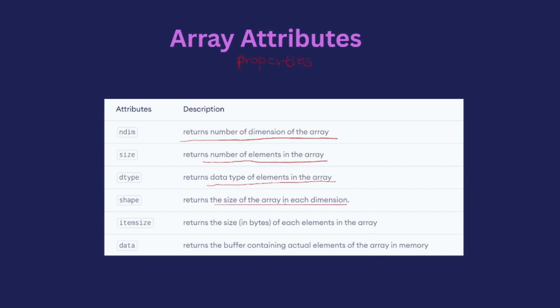That is, it tells how many rows and columns are present in the array. And the next one is itemsize. It returns the size of each element in the array. And the last one is data. It returns the buffer containing the actual elements of the array in memory. After seeing examples, you'll get clarity on this. Let us go on to the Jupyter Notebook.